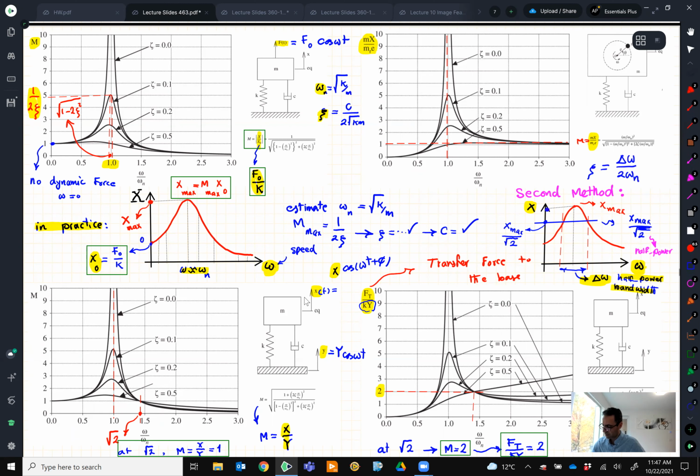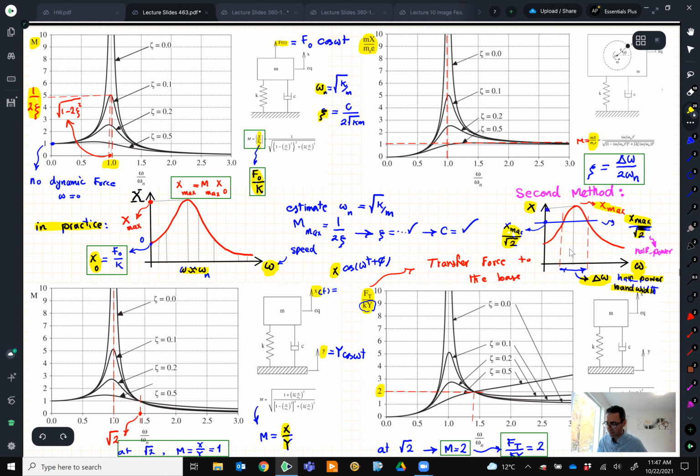All right, let me put it inside a box as an important formula. So zeta, you can estimate it, not again an actual value, by dividing this delta omega by 2 omega n. Where can you find delta omega? You know your X max. You come down to the point X max divided by square root of 2. Wherever it crosses the graph, those are the range.